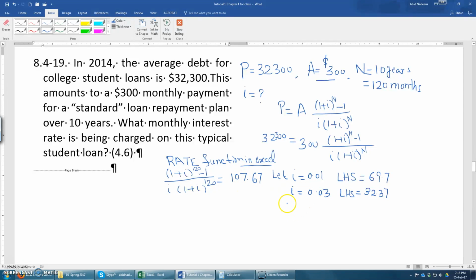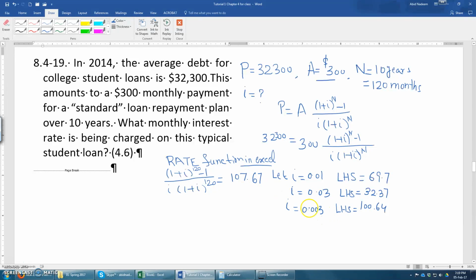Therefore I think it will be better if I take a value of i which is less than 0.01, so suppose I take 0.003. What is the value of the left hand side for this? 100.65, which is now relatively closer to 107.67.